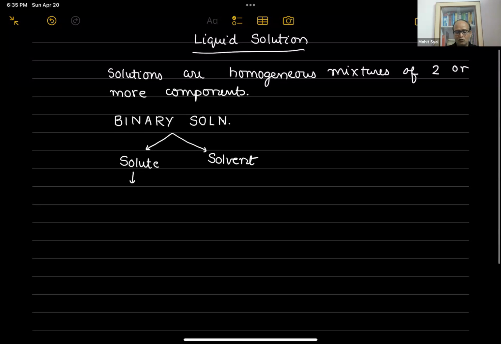Exactly. So solute is a substance which is being dissolved, right? And the substance which is used for dissolution is known as solvent.